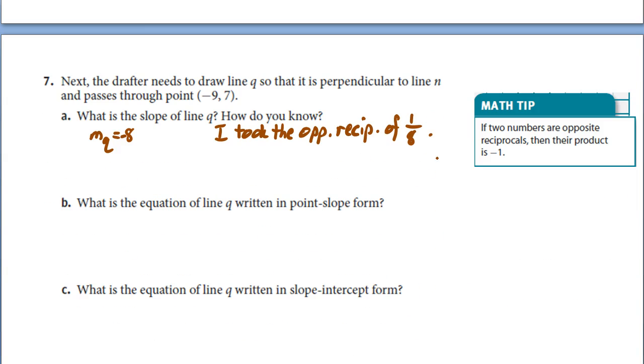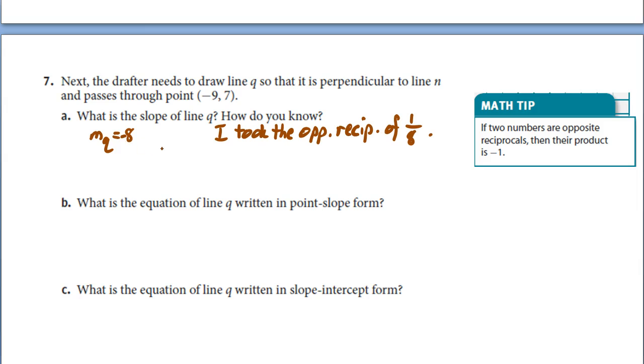Number 7. Next, the drafter needs to draw a line Q so that it is perpendicular to line N and passes through the point negative 9 comma 7. So if it's perpendicular to line N, what I know about its slope is that the slope will be the opposite reciprocal of the slope of line N. Line N had a slope of 1/8, so the opposite reciprocal is negative 8.